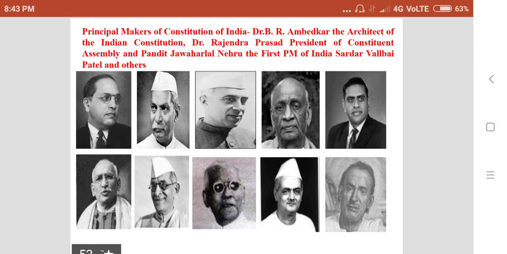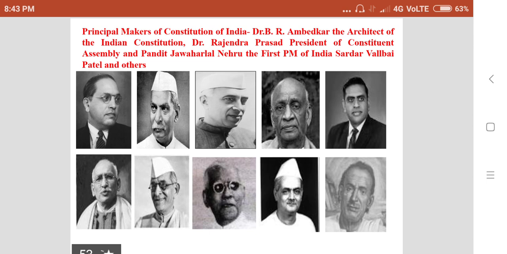So many people took many responsibilities to help and support the Constituent Assembly in all aspects to frame a good constitution for independent India.